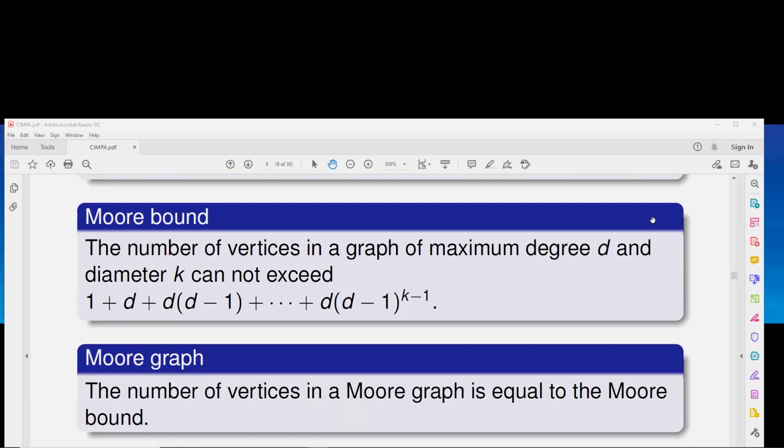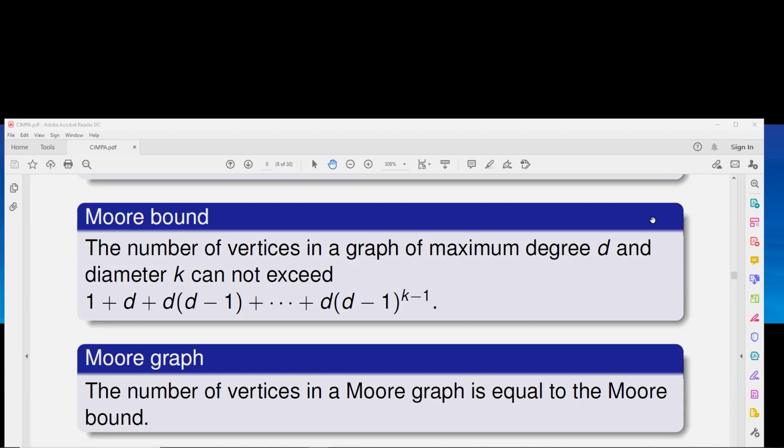One vertex obviously can't be connected to more than D vertices because the maximum degree is D. So let's just make it adjacent to D vertices. So we will have one vertex at the beginning, and then that vertex is connected to the others. And now this one, in the next level, can be connected to at most how many vertices? It's already connected to one there, right? So it can be connected to at most D minus 1.